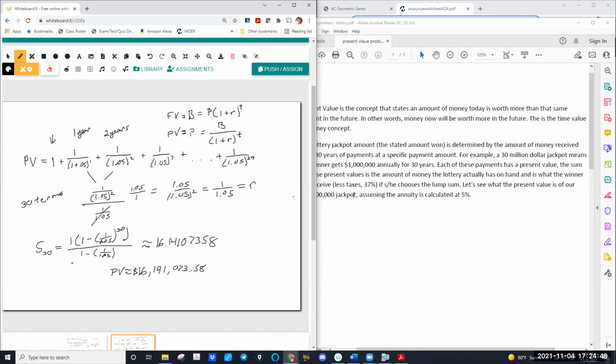Some of the TI calculators have financial functions that automatically calculate present value, just knowing the payment, the rate, and the number of years or months or whichever you're using. So what we're doing today is looking at how the geometric series actually plays into this.